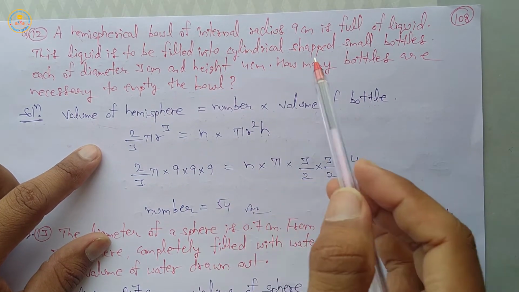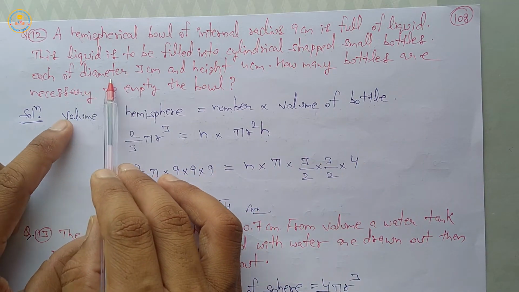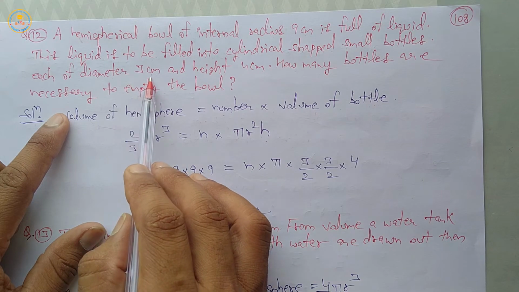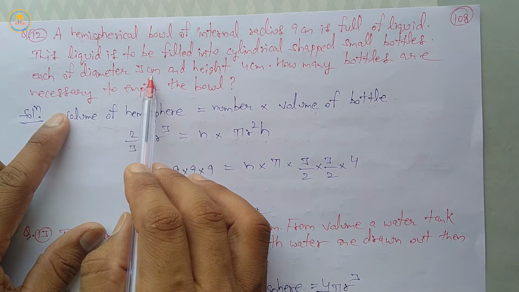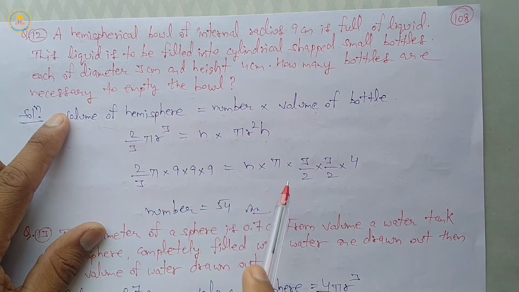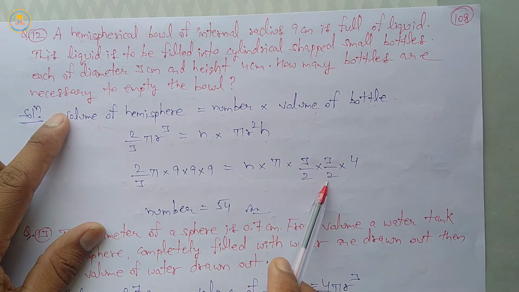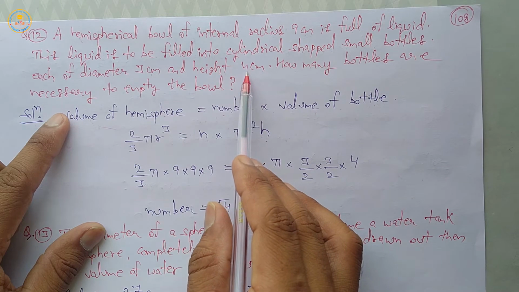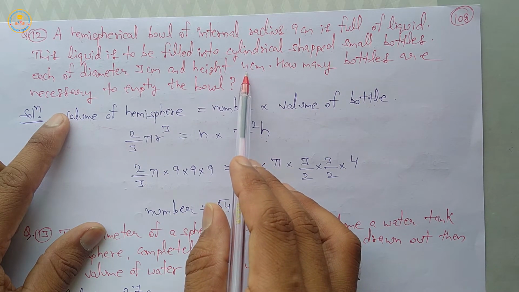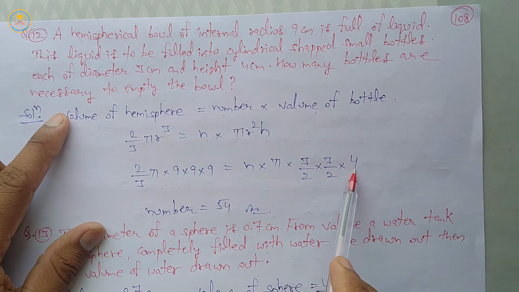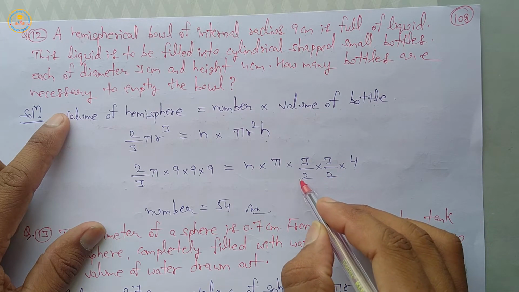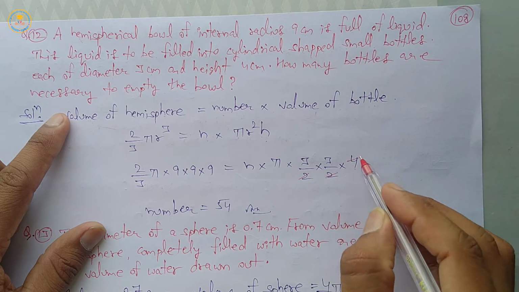The diameter of each small bottle is 3 centimeter. Therefore radius is half of diameter, 3 upon 2, 3 upon 2. And height is also given, 4 centimeter. Put h equal 4 centimeter. Cancel out, calculate that part. 2 2 4, 4 cancels out.